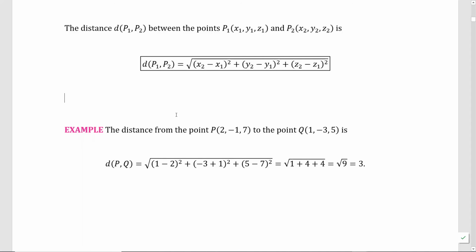For example, we want to calculate the distance between the points P and Q whose coordinates are 2, -1, 7 and 1, -3, 5 respectively. According to the formula shown in the box, the distance is 3.